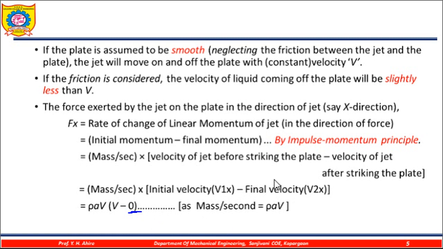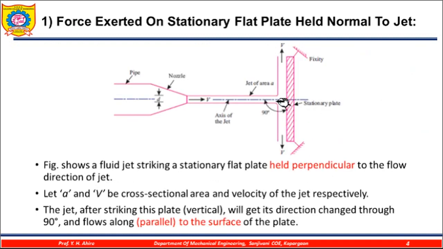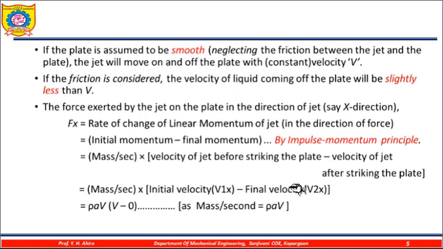Why 0? Because after the impact, the jet is not traversing in the x direction. The jet is diverted and flows normal to the initial direction, that is the y direction. After the impact there is no flow in the x direction. That's why V2x is 0.